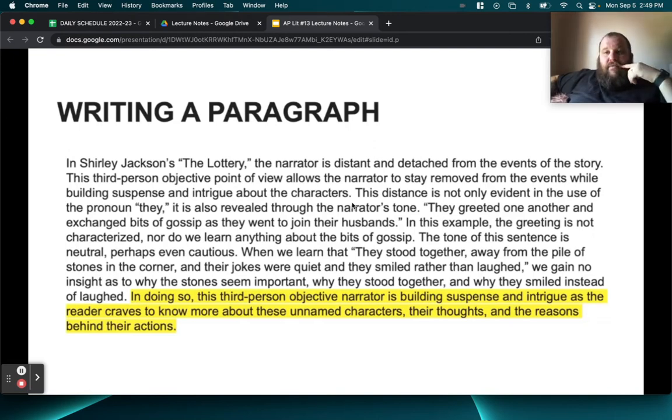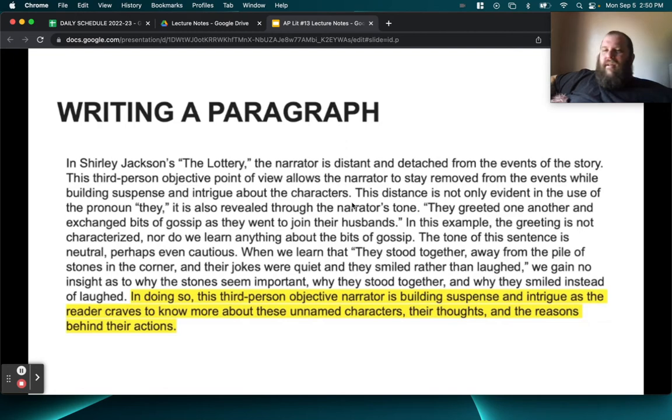It really comes down to making a claim, providing evidence, commenting on that evidence. Claim, evidence. In the past, I've said claim, evidence, warrant. A lot of the materials that I'm seeing from CollegeBoard now is claim, evidence, commentary.